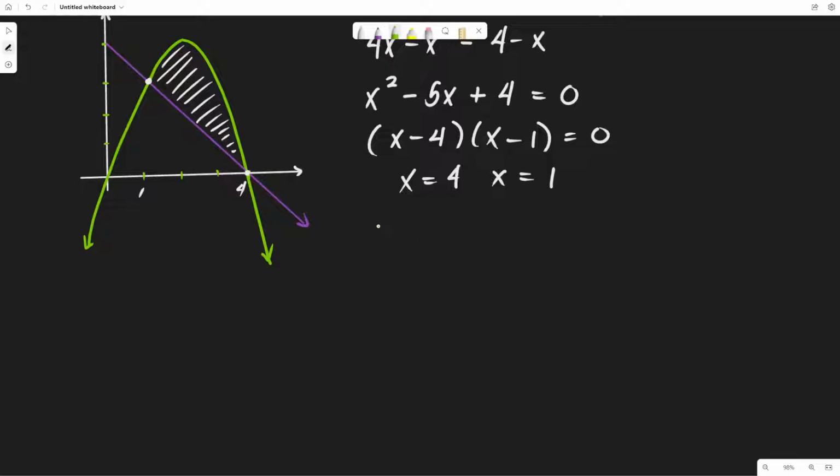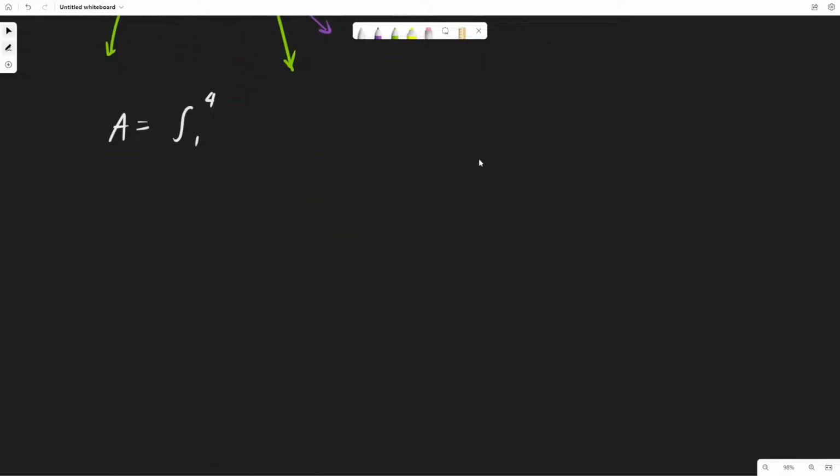So we have the area is equal to, ito na lang sa baba. The integral from 1 to 4 ng yung ano tayo, no?